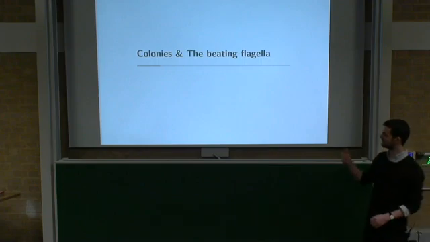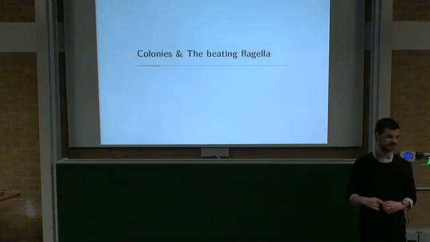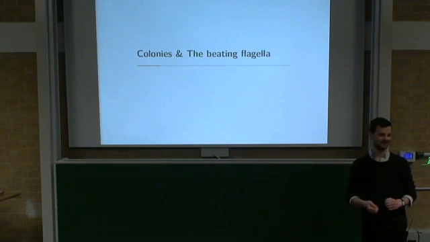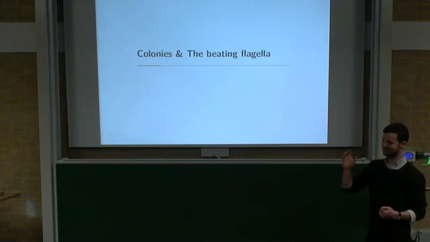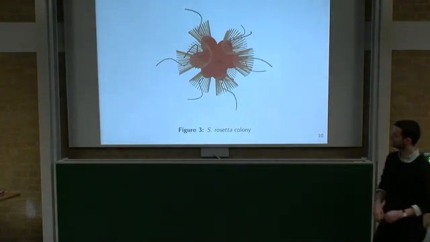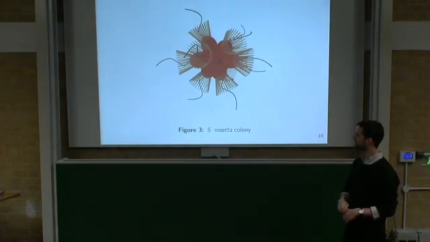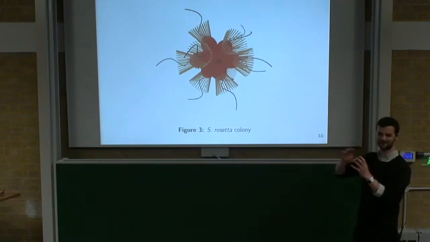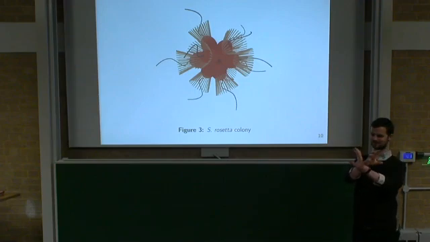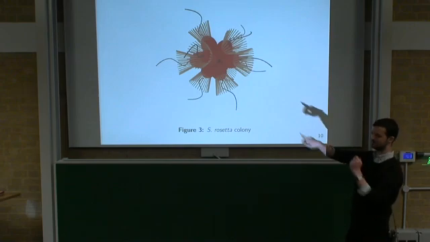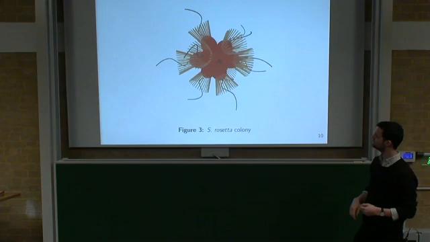But what I want to talk about really is colonies of these choanoflagellates, because they're very much studied because they are sort of borderline multicellular. What's interesting is that some of the species actually form colonies, and one choanoflagellate called Salpingoeca rosetta forms colonies that look something like this, and you can understand why they get the name rosetta, because the colony has this rosette-like shape, where the cells sit in the middle and the flagella point out in different directions like a flower.